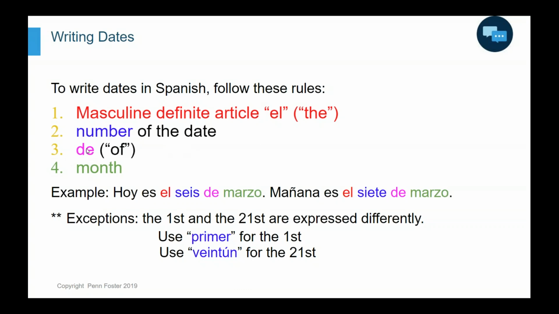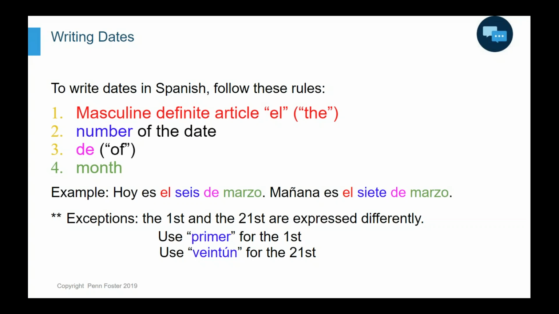Step 3 would be the word de, which typically translates as of. And then finally, step 4, we end with the month. So in our example here, hoy es el 6 de marzo, mañana es el 7 de marzo. Today is March 6th, tomorrow is March 7th.